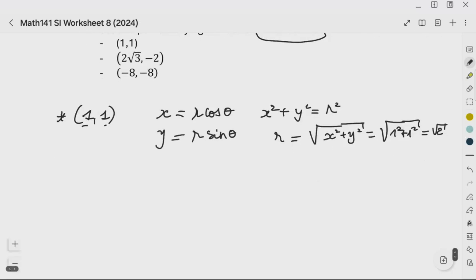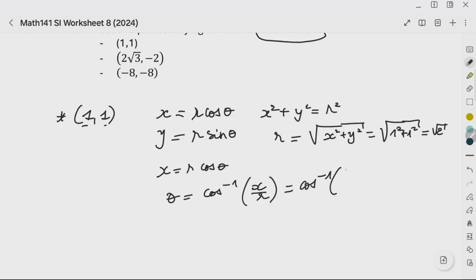And theta, because x is equal to r cos theta, is just cos inverse of x over r. In other words, cos inverse of x, which is 1, divided by r, which is root 2, which is cos inverse of root 2 over 2.